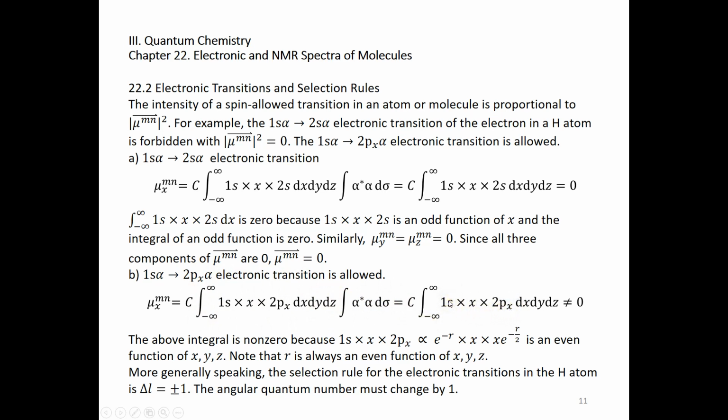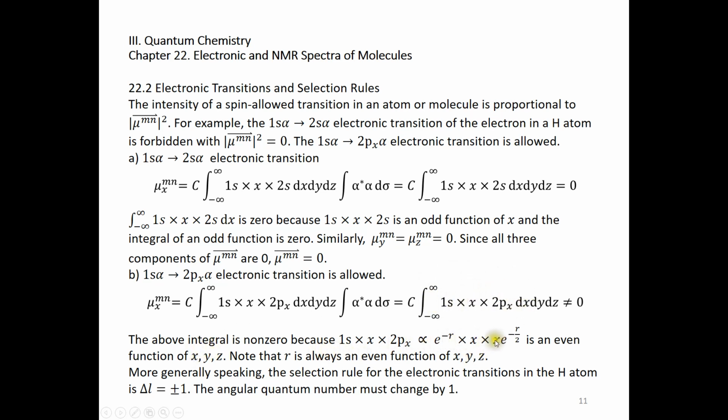You can see this 1s wave function is an even function of x. That means when x changes sign, it does nothing to this wave function. But this 2px is proportional to x. So therefore, 1s times x times 2px together is an even function of x, and that means this integral is not going to be 0.